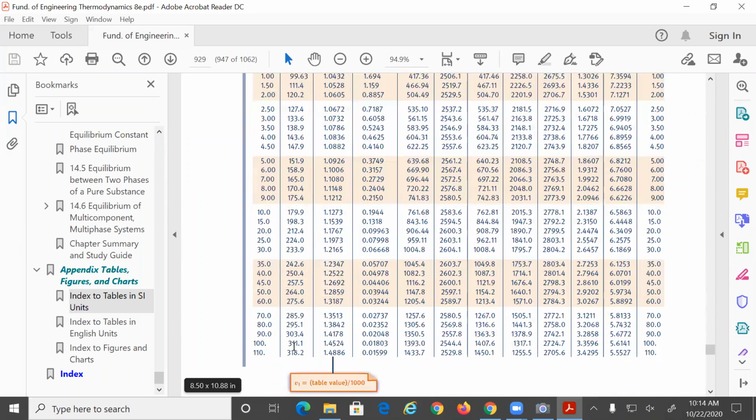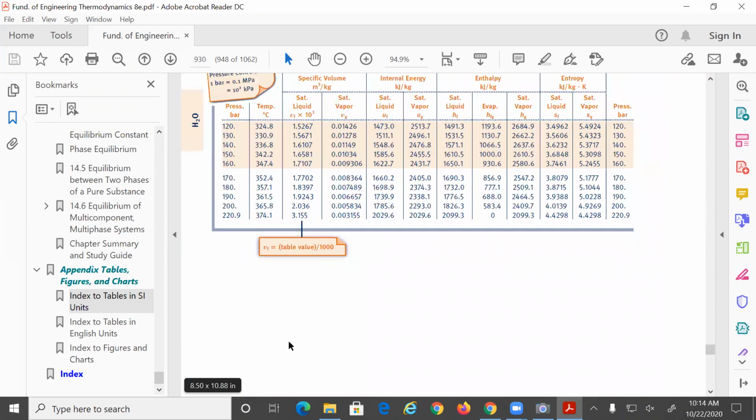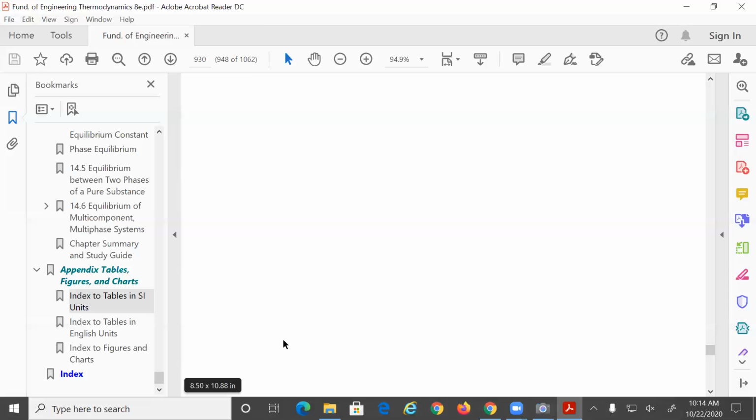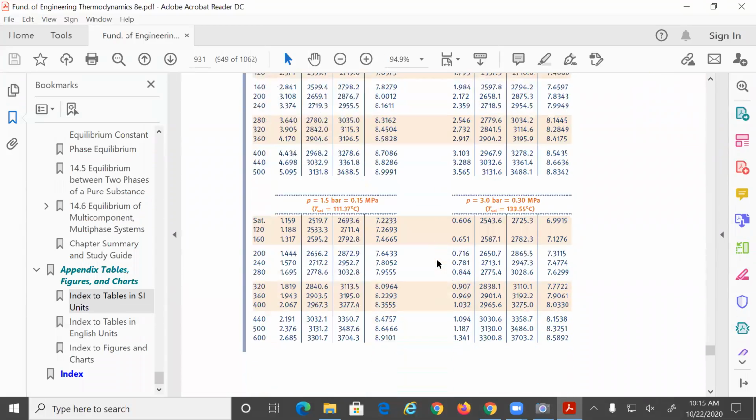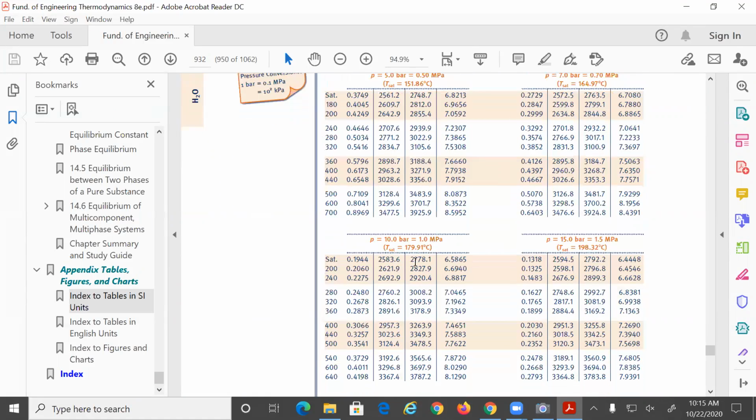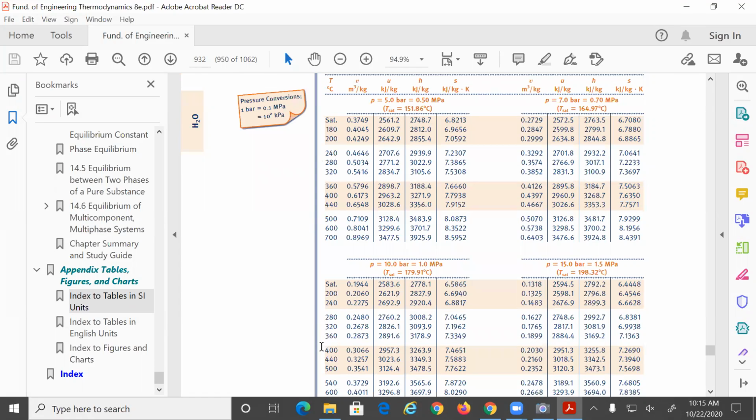Yeah? So then that means we need to go to table A4 at 10. Table A4 at 10, and at 400, we're going to get H2 to be equal to 3,263.9. Okay?